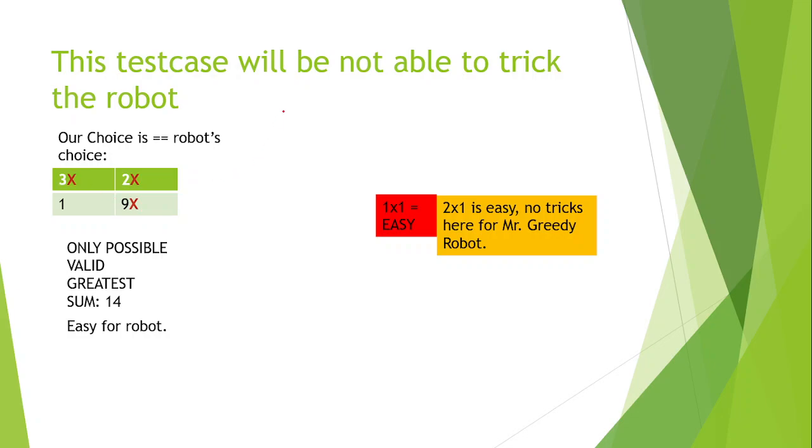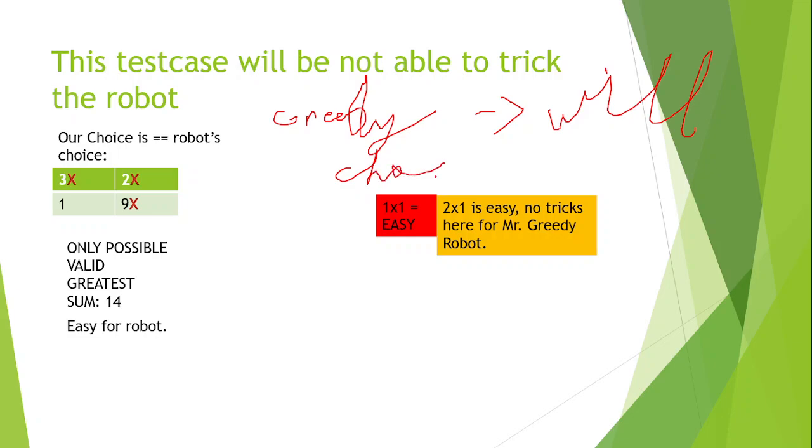And since the robot is greedy, it will choose the maximum big number.